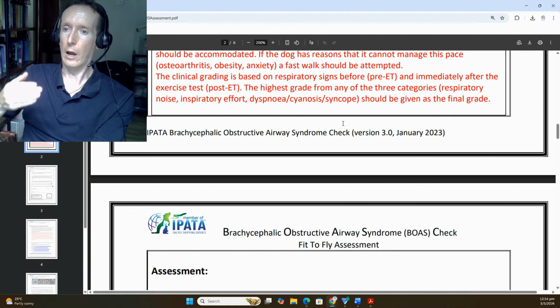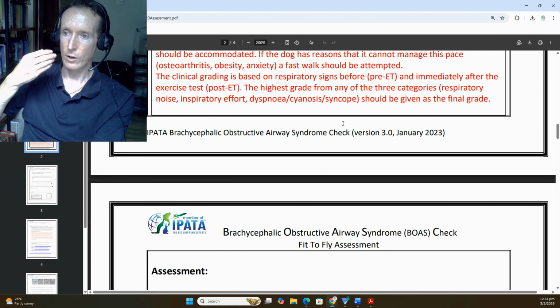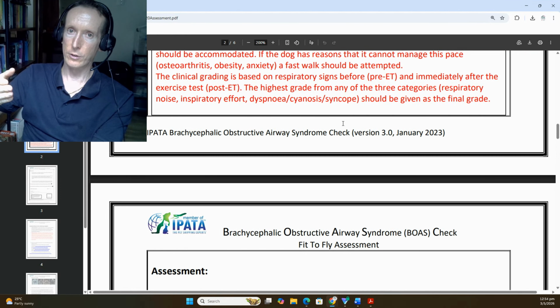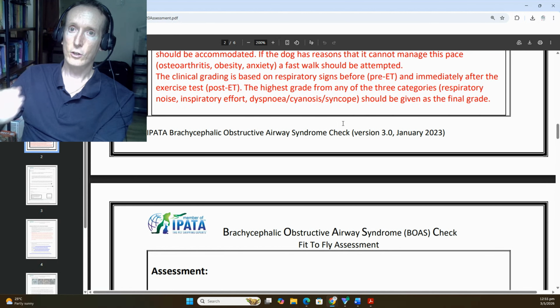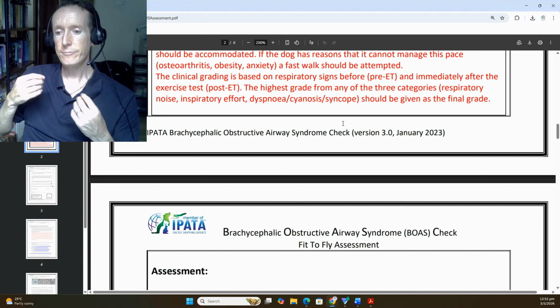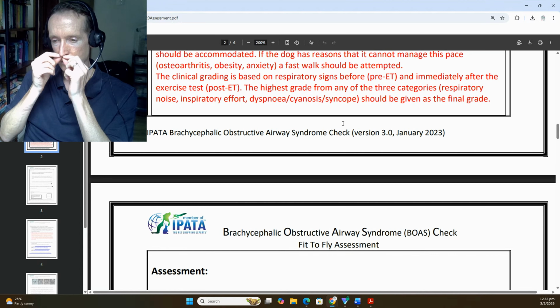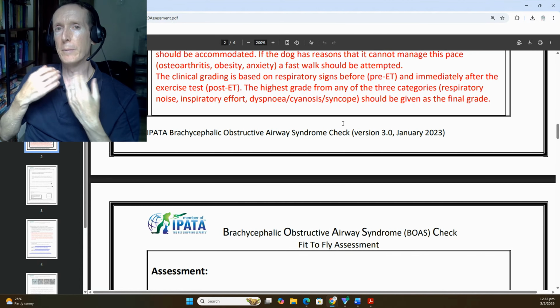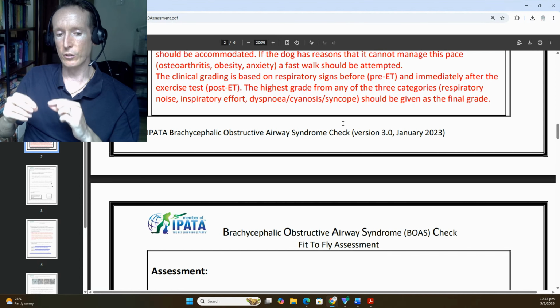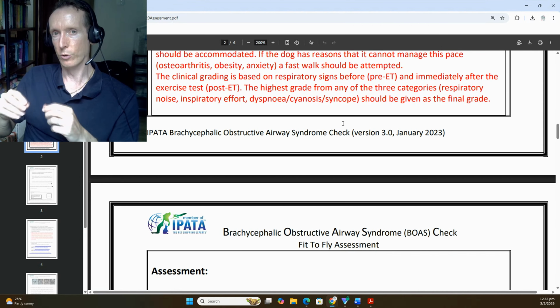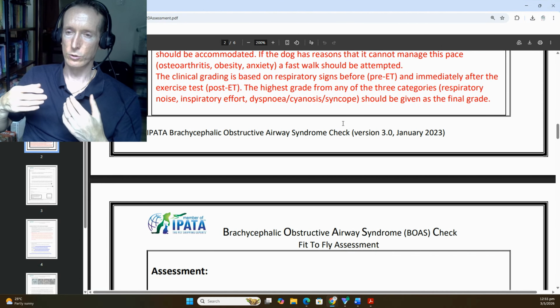A dog with a long nose will be able to cool air down better through panting, traveling over the tongue, traveling through the nostril, and will be able to inhale and exhale air much more efficiently compared to dogs with obstructive conditions, such as having small nostrils or an overly big soft palate, which means it's more like breathing through a straw or through a snorkel, and so it's harder to breathe.